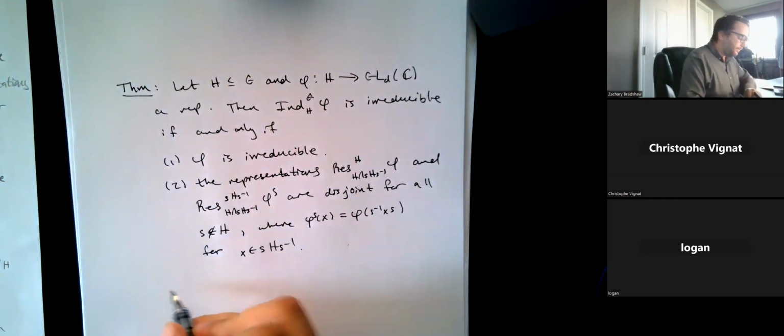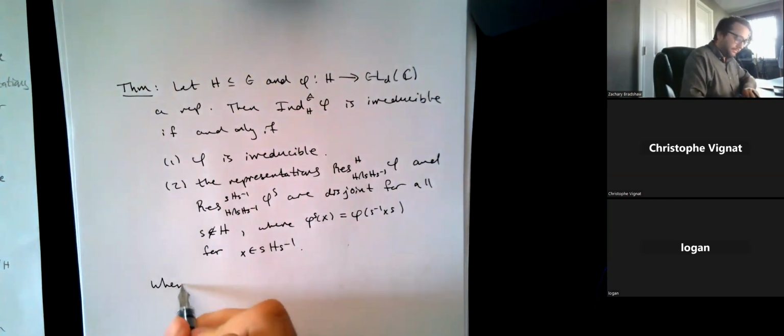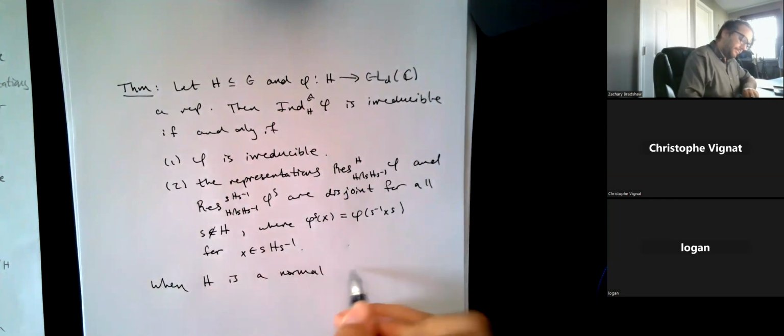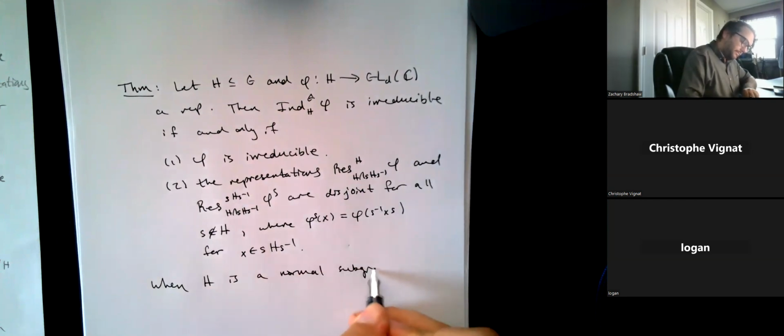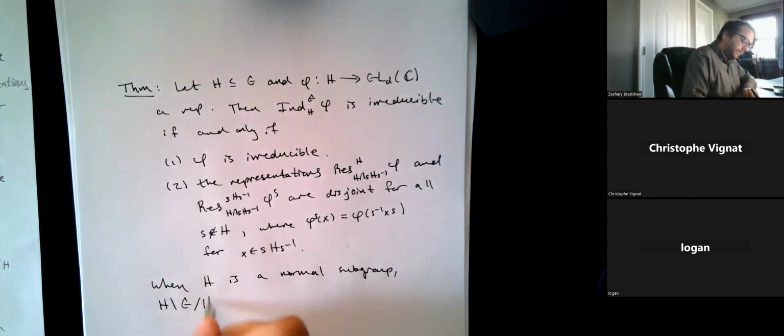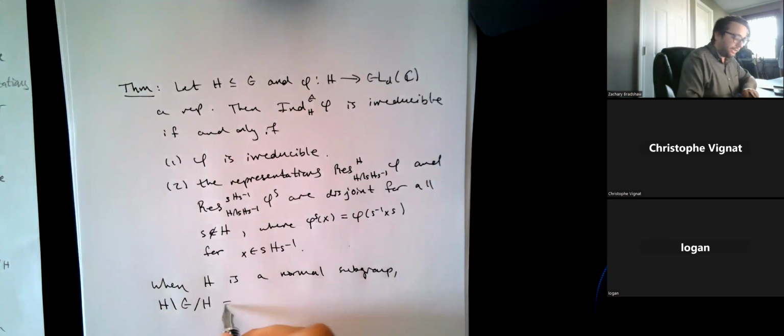When H is a normal subgroup, then again, we have that the set of double cosets is just the quotient group.